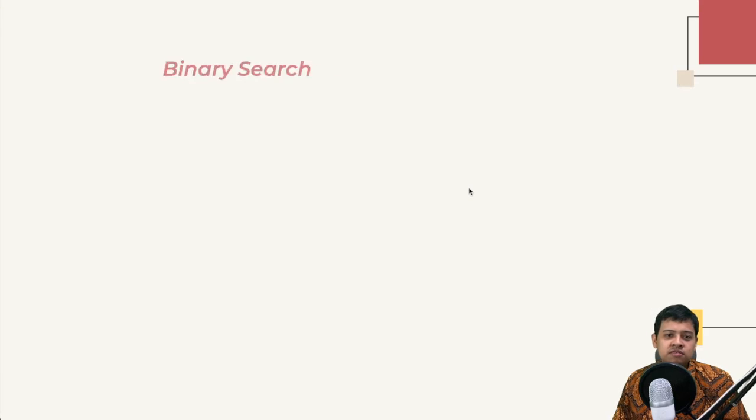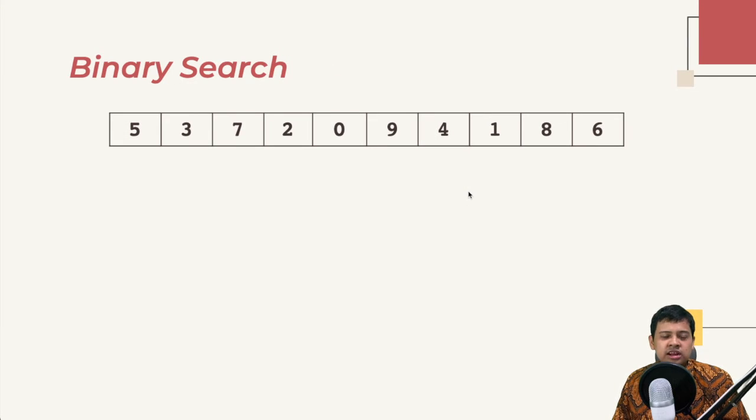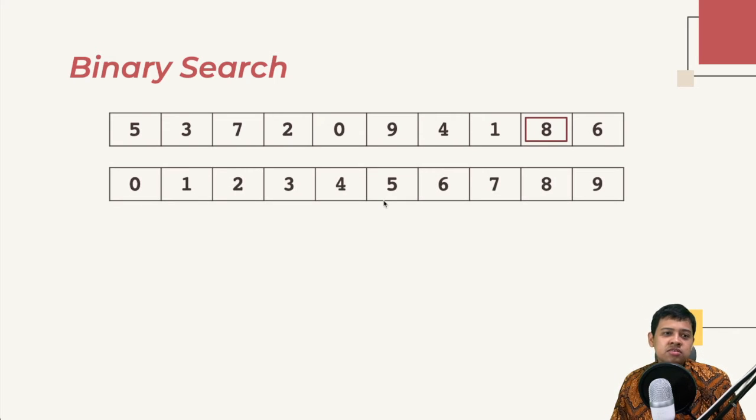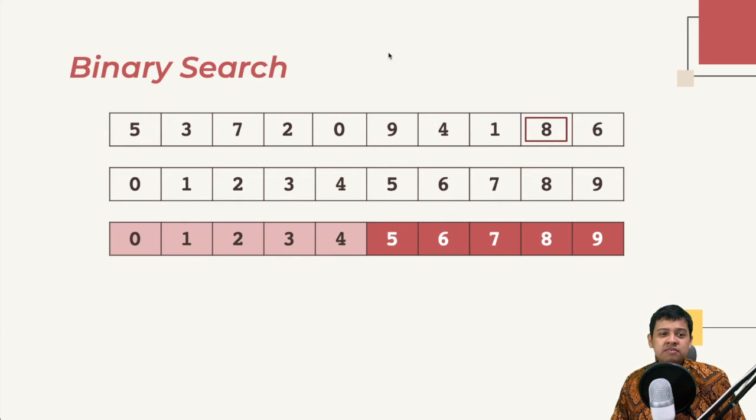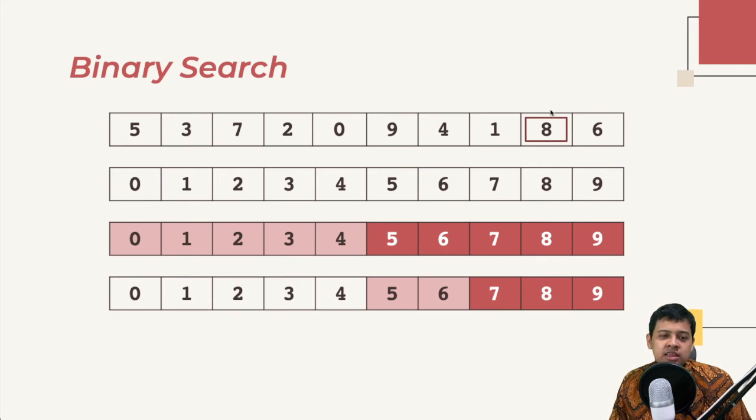Let's see the next example. As we can see over here, this is ordered data, because binary search needs the data to be ordered first. Then we divide this data into two: one side is less than the middle, and the right side is more than the middle number. In this example, we want to find the number 8.